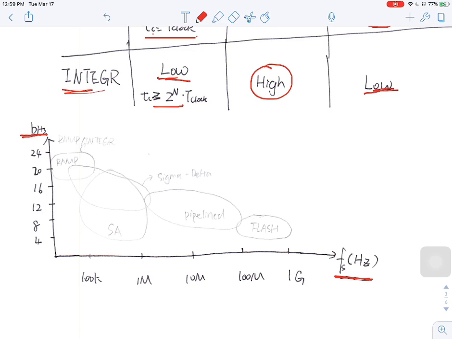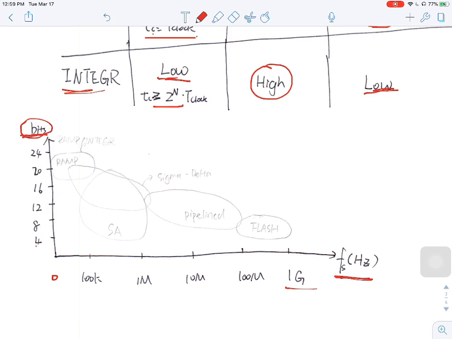The frequency Fs here means the sampling rate, how fast the ADC can sample and record data. It goes all the way from very small, 0, to 1 gigahertz. And the bits are just the bits you have for your ADC, starting from 4 to 24.